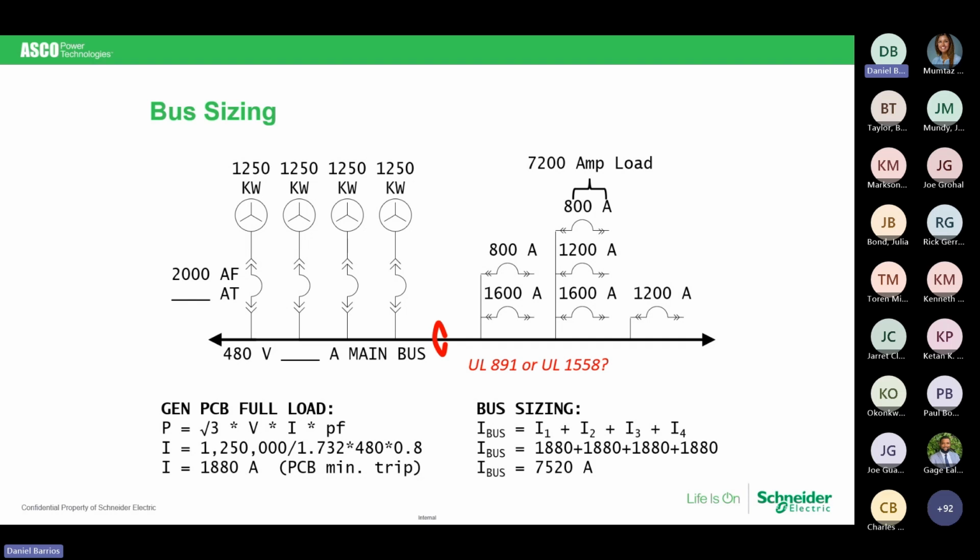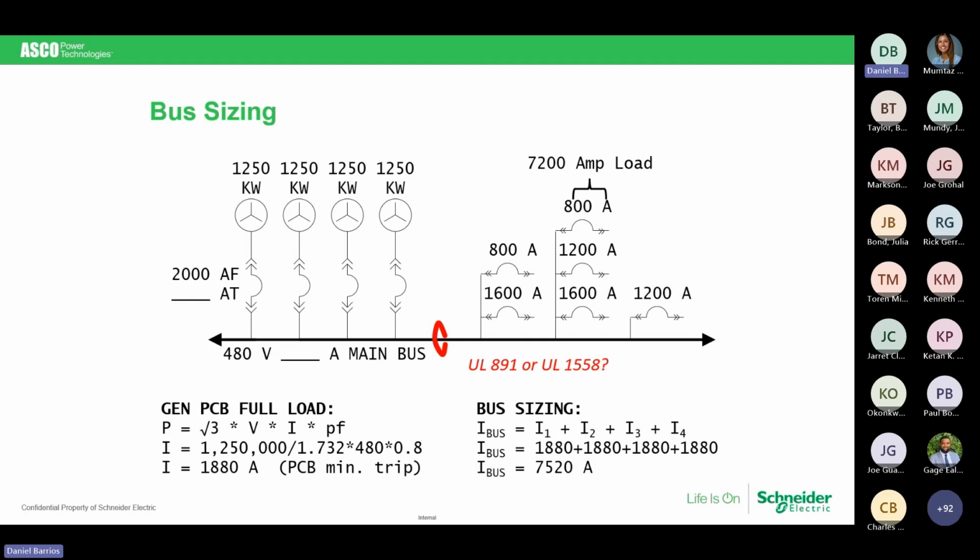To give you a little better reference, 891, you folks may think of it as switchboard. 1558, switchgear. Now, what may confuse you is even if I give you a piece of 891 gear, many times in our title block, we still call it paralleling switchgear instead of paralleling switchboard.